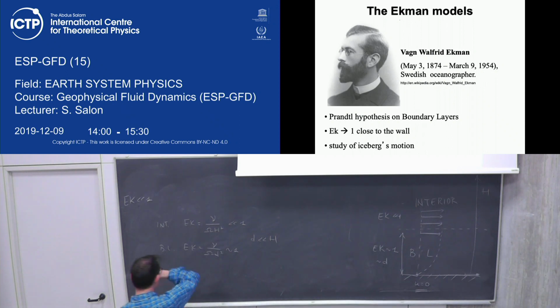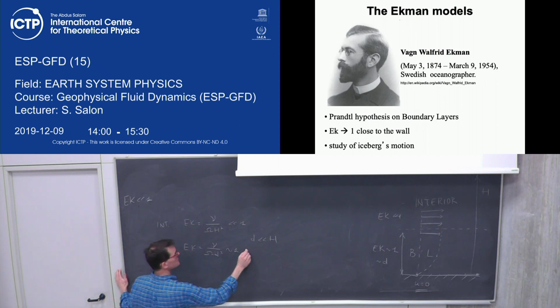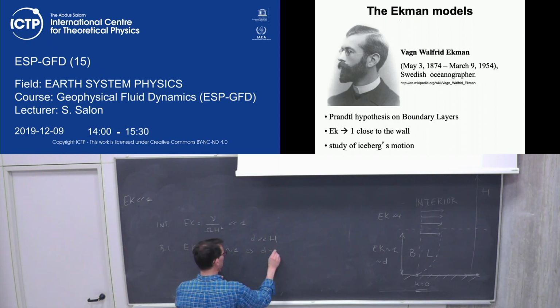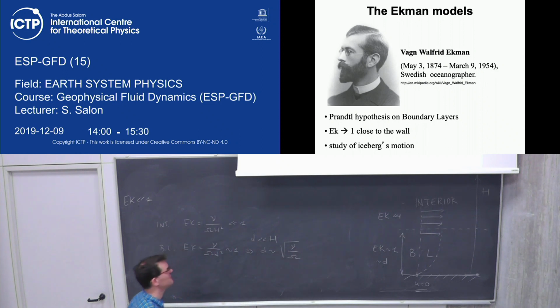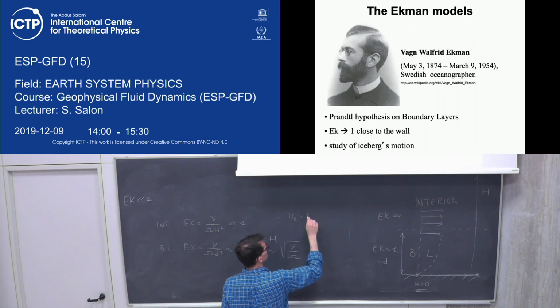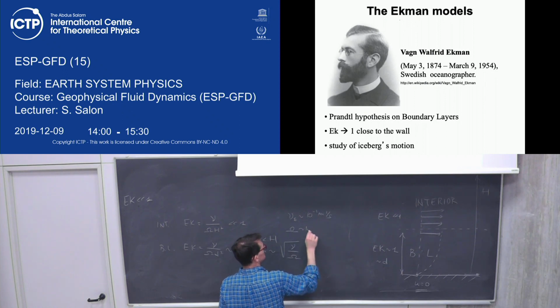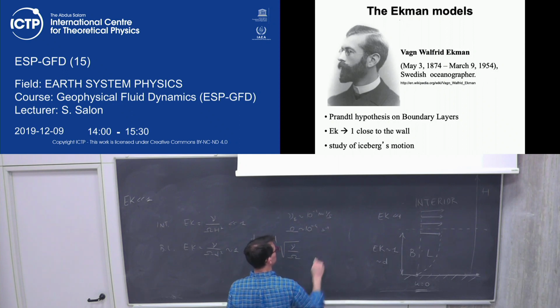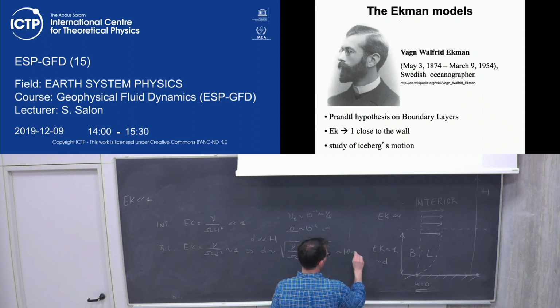So let's try to evaluate it. So if Ekman is order 1, it means that d will be of order square root of nu over omega. So if again nu eddy is 10 to the minus 2 and omega is 10 to the minus 4, we obtain 10 meters.